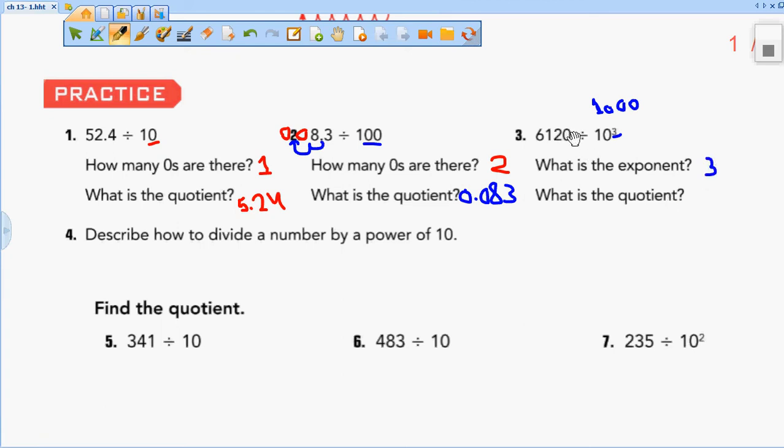For the answer, I have to create my decimal point because I don't have one here. So move it 1 and 2, 3. I have to move the decimal point to the left side 3 places. So the answer is 6.120 thousand.